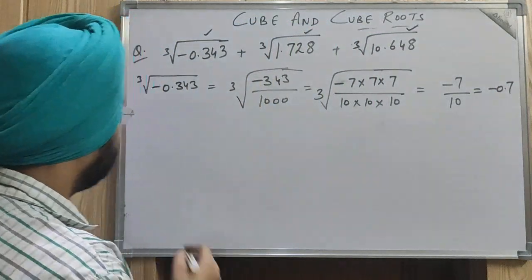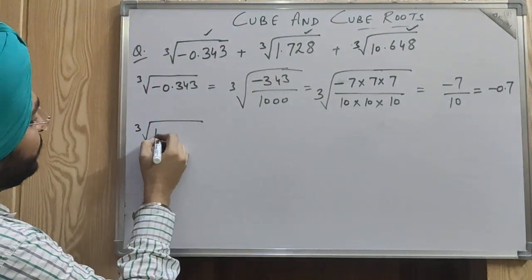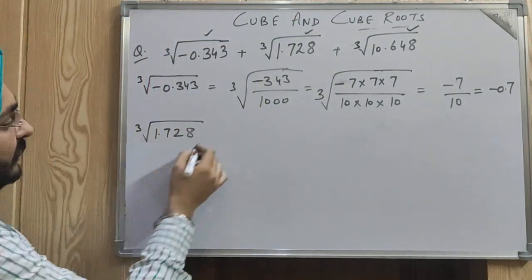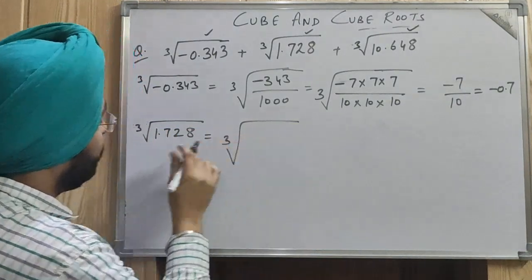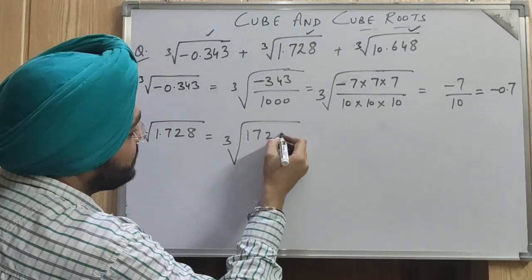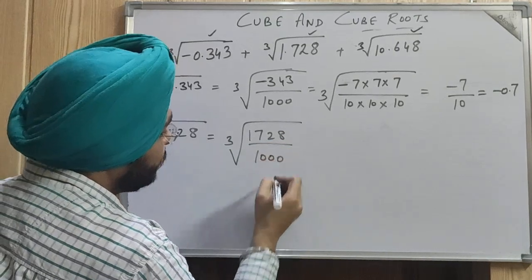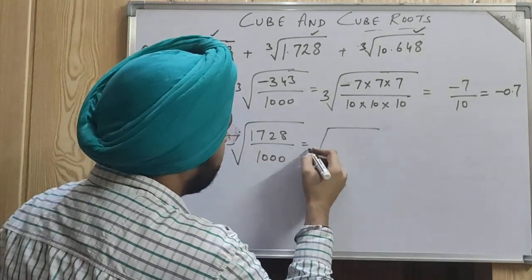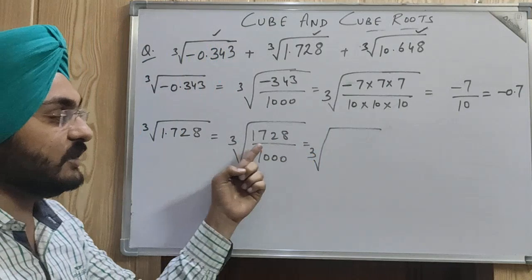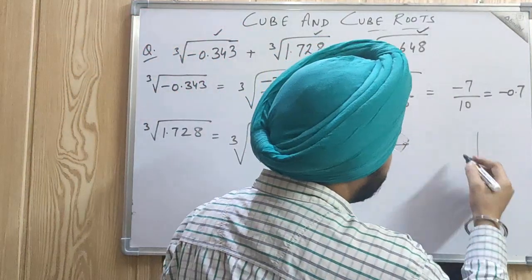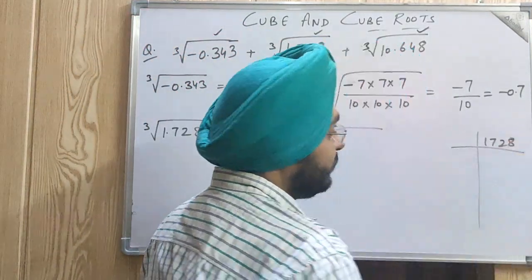Now coming to the second, cube root of 1.728. The cube root of 1.728 can be written as 1728 by 1000 here. Okay, so what about this 1728? We will be doing the prime factorization of 1728. What will we get?